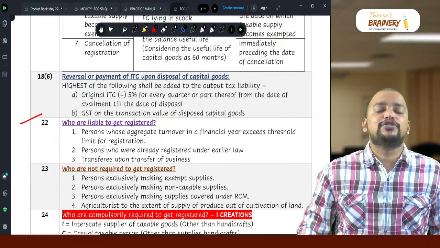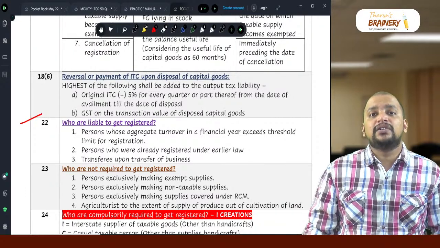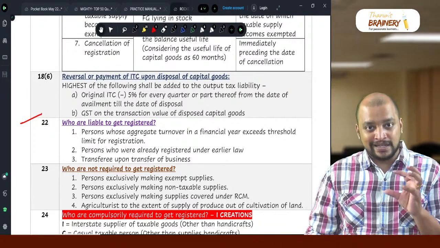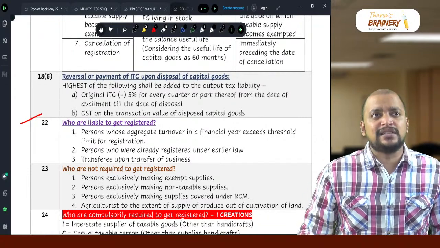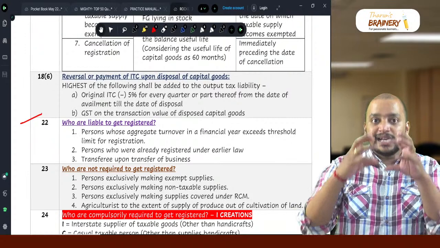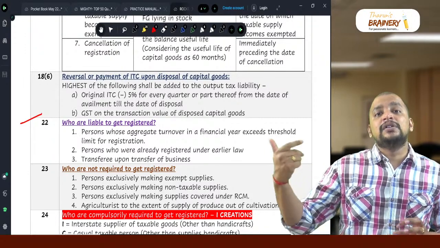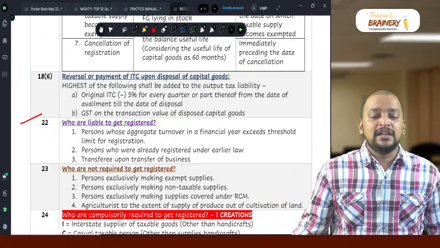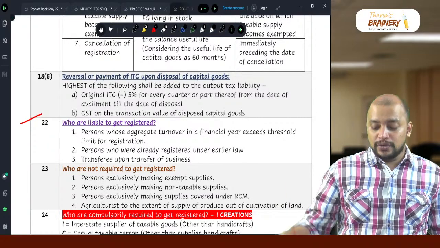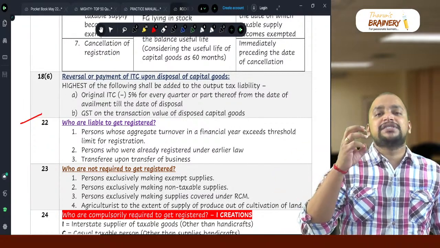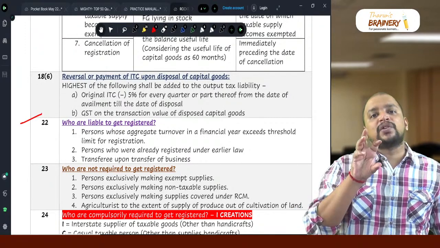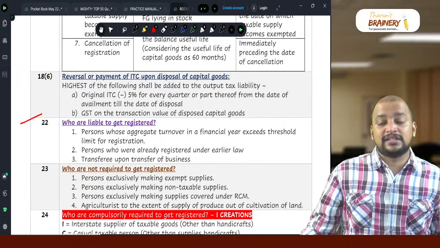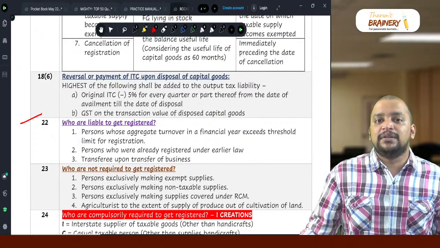One important point you need to remember is that the transferor and transferee should be in the same state, not in different states. Next, in case of demerger, where a single registration is separated into two registrations, say AB Limited is split into A Limited and B Limited, whatever is the unutilized ITC in AB Limited will be transferred to A Limited and B Limited in the ratio of the assets of A Limited and B Limited post demerger.